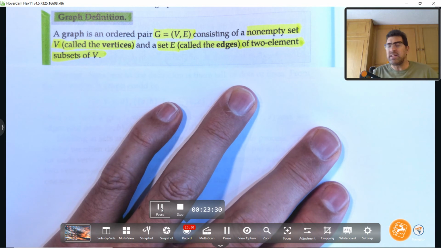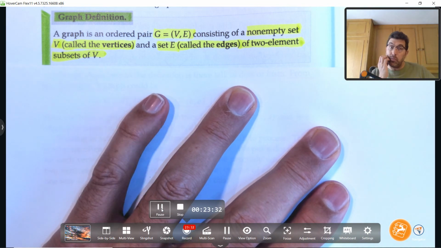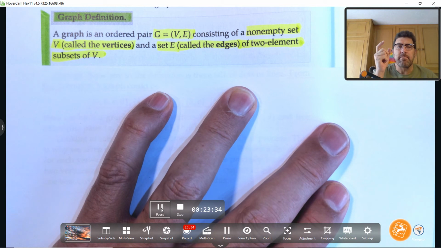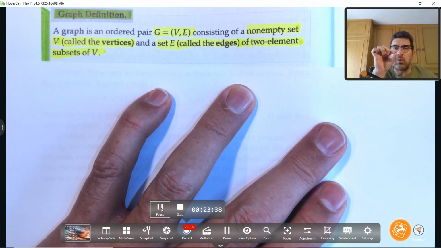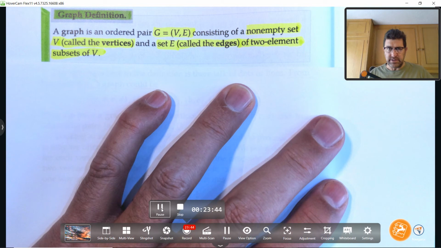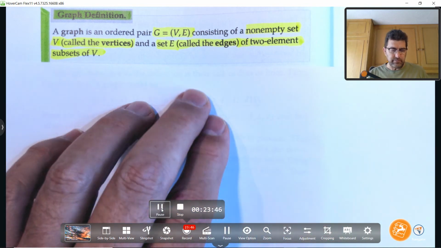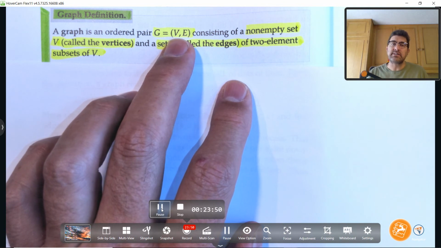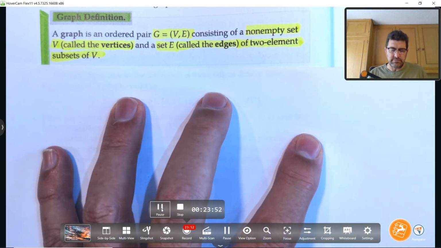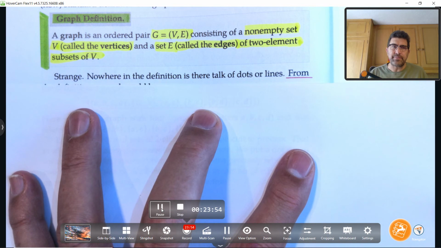So in a way it's just saying what we saw before, but it's formalizing it now. You can talk about a graph as a coordinate pair (V, E). The vertices come first, the vertex set, and after that the edge set. But each of the edges is expressed as a set of vertices. Now let's see what that means.